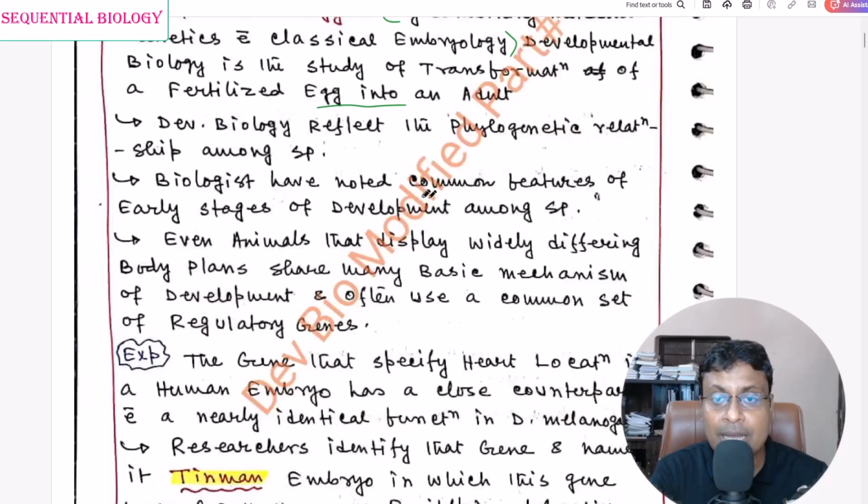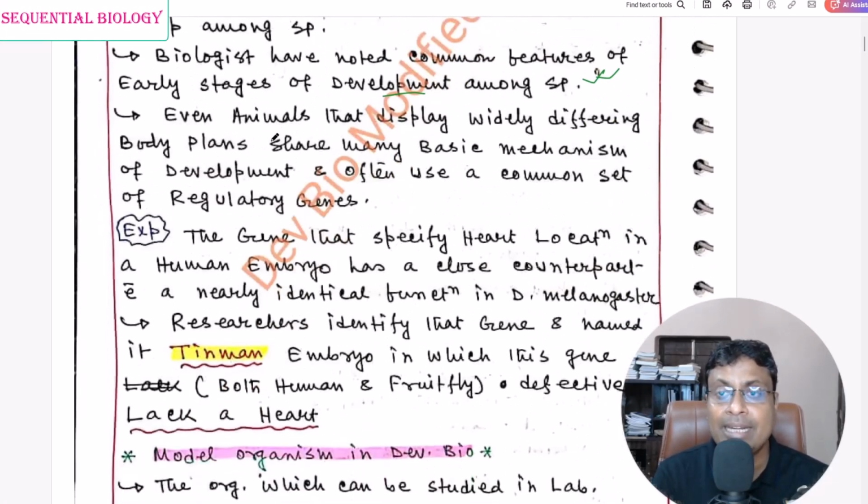Biologists have noted common features of the early stages of development among species, and with the help of these common features, we can find out which species are closely related and which are distantly related. Even animals that display widely differing body plans share many basic mechanisms of development and often use a common set of regulatory genes.